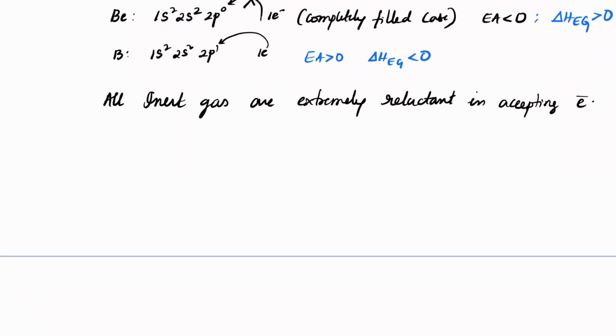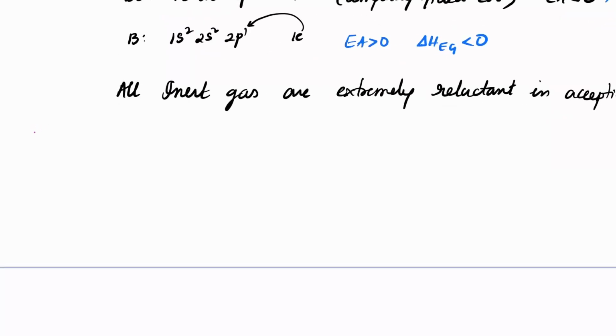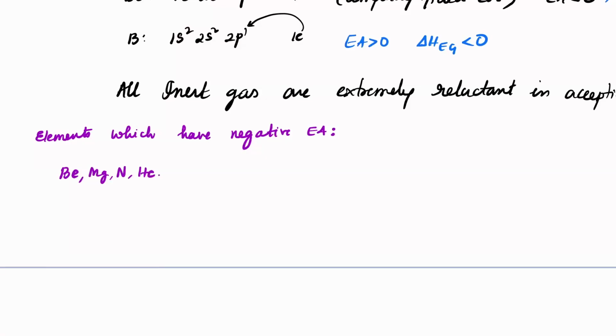Got it? Now, here is an interesting fact that we must learn for solving questions. That is, the elements which have negative electron affinity include beryllium, magnesium, nitrogen, helium, argon, neon, krypton, xenon, and radon.